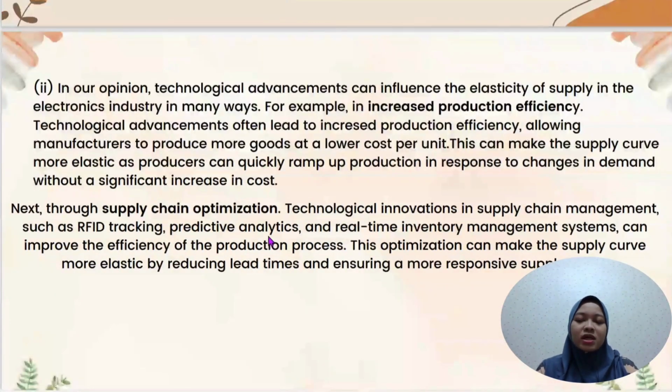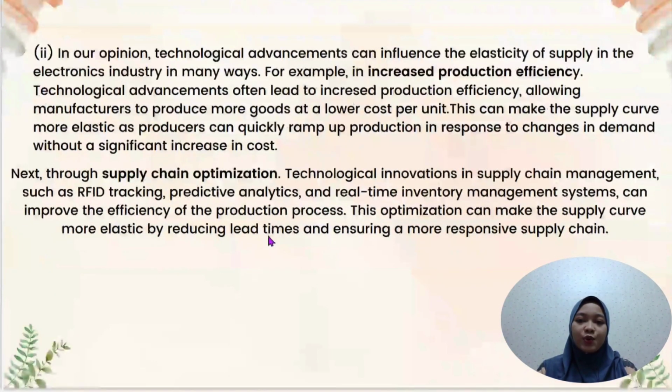Number 2, there are many ways that technological investment can influence the elasticity of supply in the electronic industry. For example, increased production efficiency, supply chain optimization, or customization and flexibility.